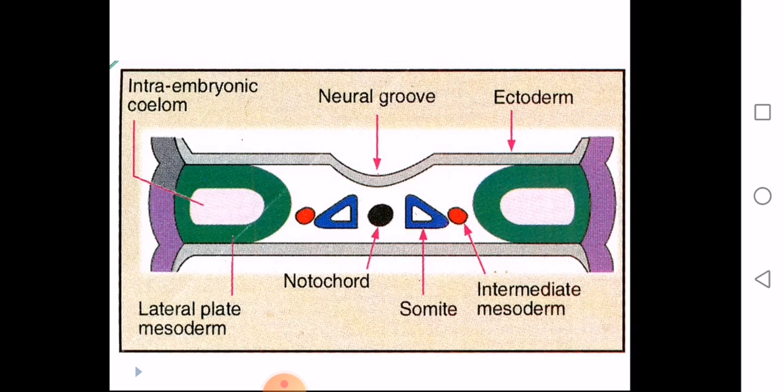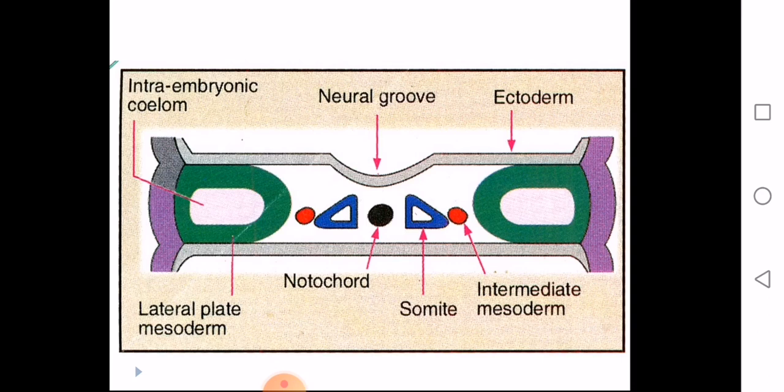So a quick flashback, before we go to the development, so that you are familiar with certain terms, and also it will help you to learn about the development of the entire urinary system. So this diagram represents the formation of the three germ layers.